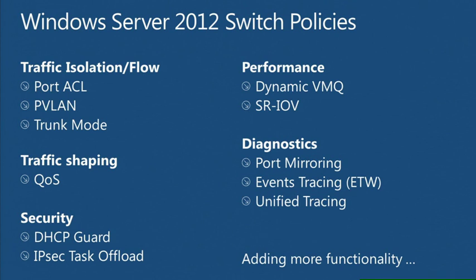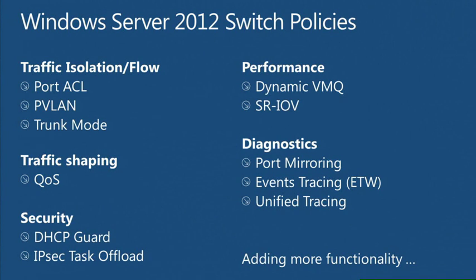And we have other diagnostics that we added in, some new perf counters which track the number of packets that were dropped either by the switch itself from any of these policies or by the extensions based upon whatever their policies are. So it's two counters that were added in that can be monitored. That'll let you watch these things and then decide when you want to actually turn on either event tracing or unified tracing to see what's actually going on.